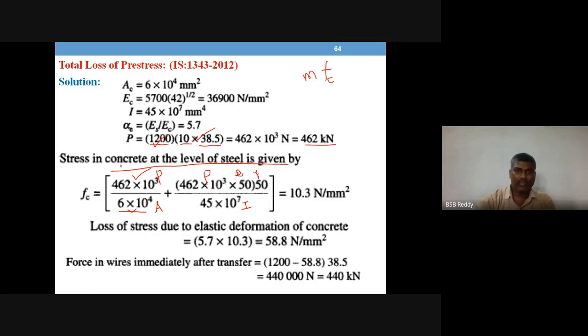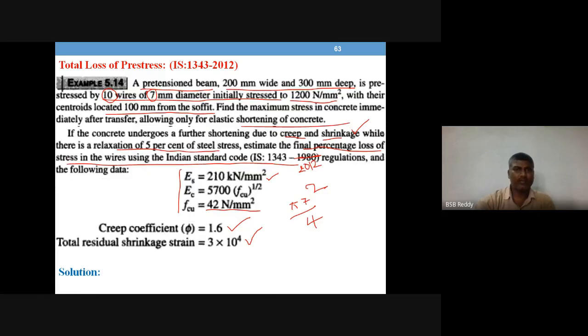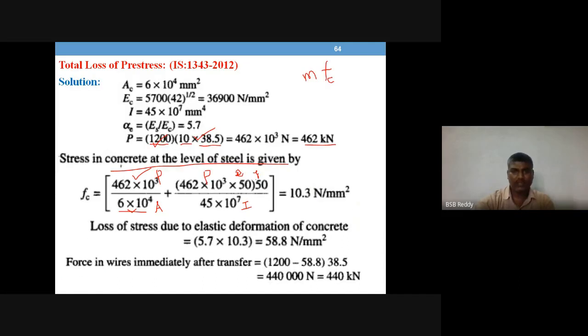And eccentricity: centroid is located 100 from soffit, so total 300, middle 150. So from bottom 100 means from the centroid of concrete it is 50. That's why eccentricity 50 is used, and level of steel is 50. Both are same. That is giving you 10.3 Newton per mm square.